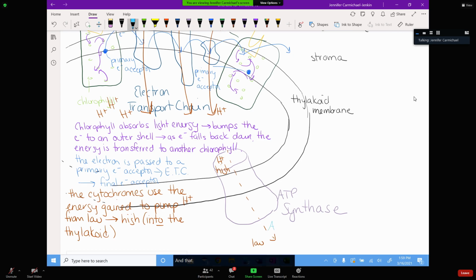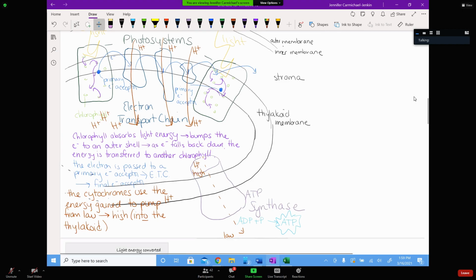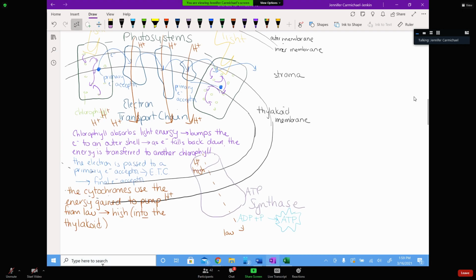And that energy will take ADP and P and join them together to make ATP. Right? So we have electron transport chain and chemiosmosis, same thing we did before.